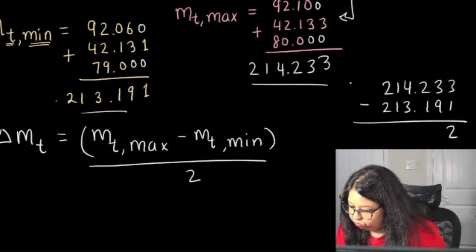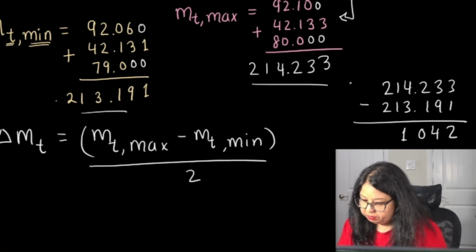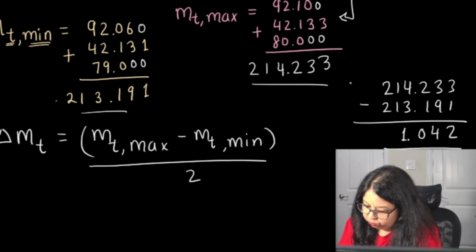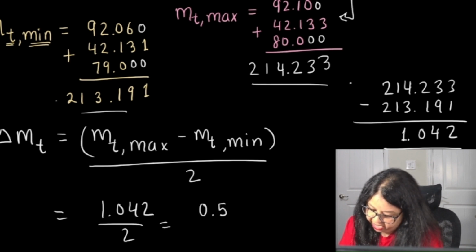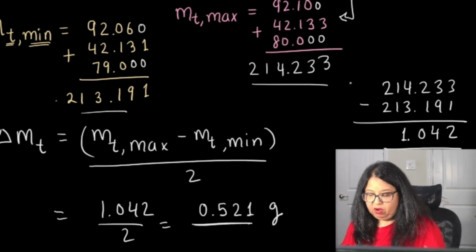This gives us 2, 13 minus 9 is 4, 0, 1. 1.042. 1.042 divided by 2 gives us 0.521 grams.